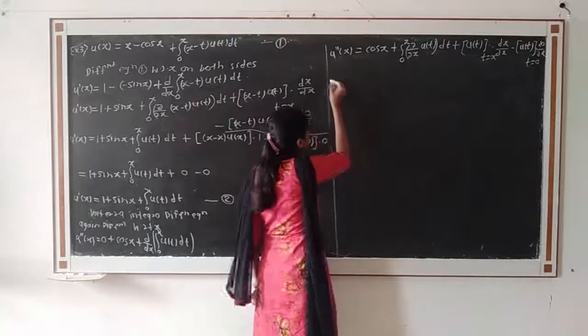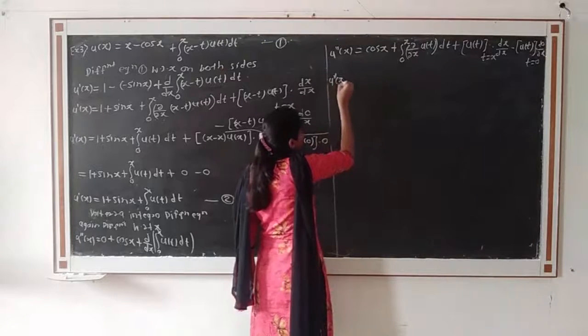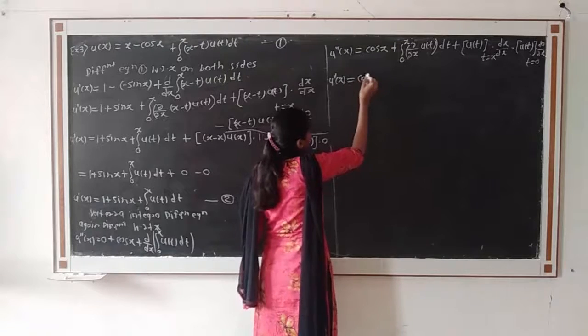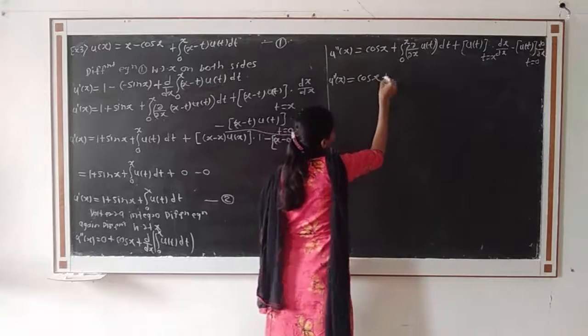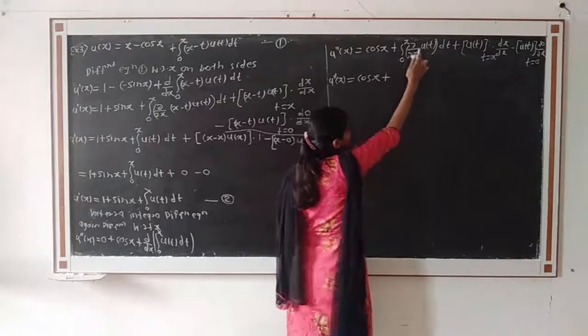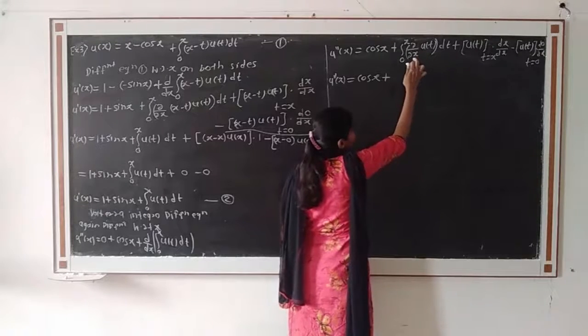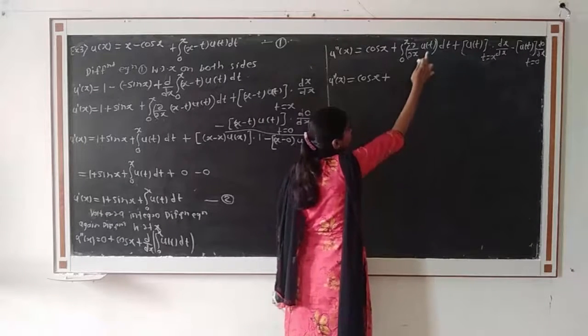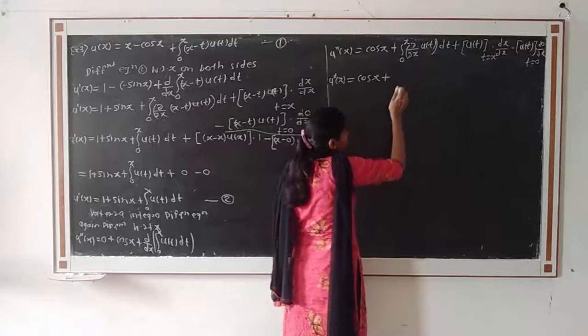That is, we get u double dash of x is equal to cos x plus the derivative of u of t with respect to x, which is 0 because u of t is a constant function with respect to x.